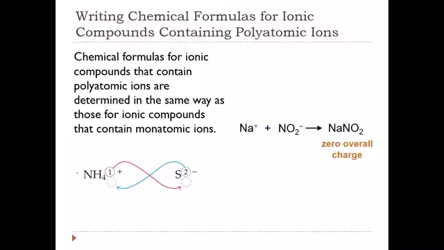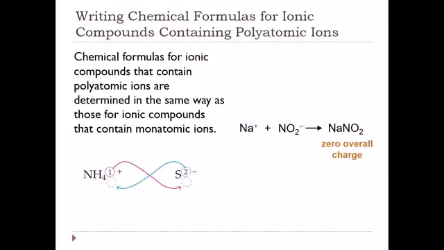So if we're placing a subscript other than 1 behind a polyatomic ion, then we have to write it in parentheses. If we're going to reduce the subscript to 1, then we don't write parentheses.